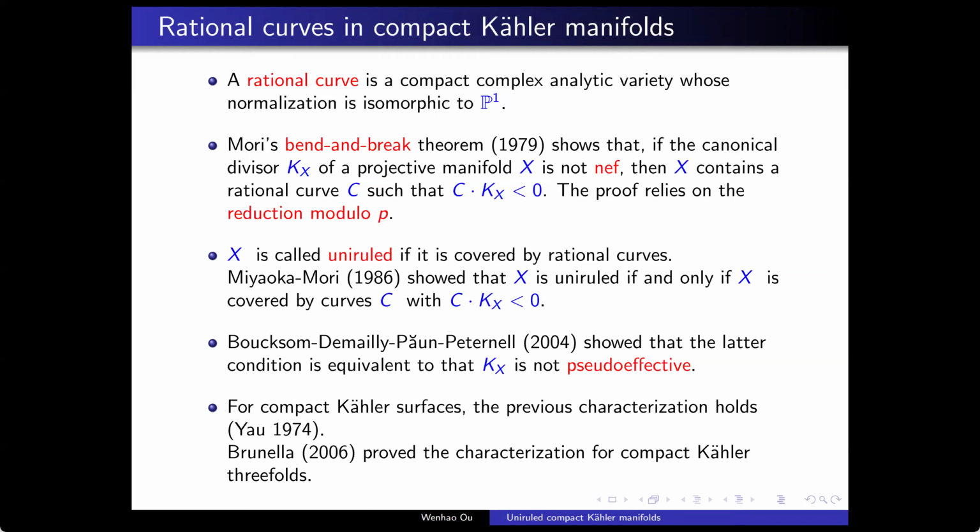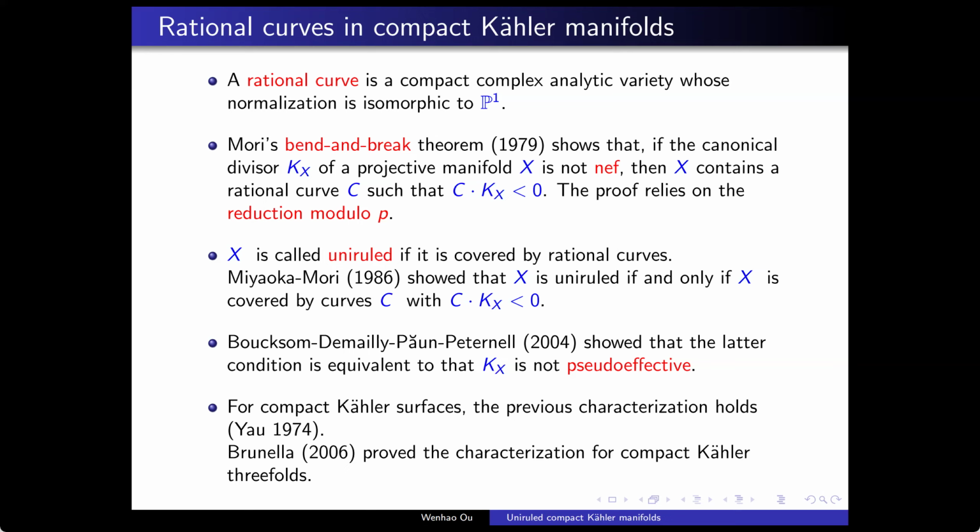To explain the word uniruled in the title of the talk, a compact Kähler variety X is called uniruled if it is covered by rational curves. So through every point of the variety X, there is a rational curve passing through it. Miyaoka and Mori proved that X is uniruled if and only if X is covered by curves C such that C intersects KX negatively.